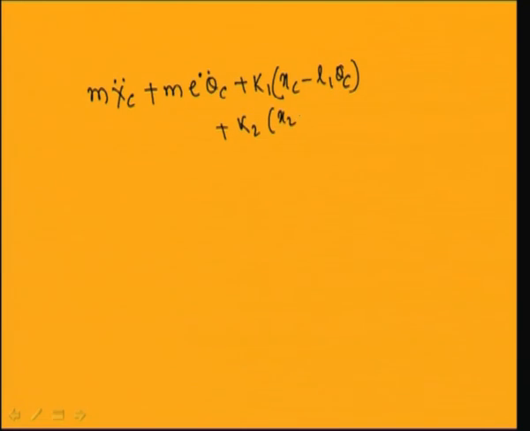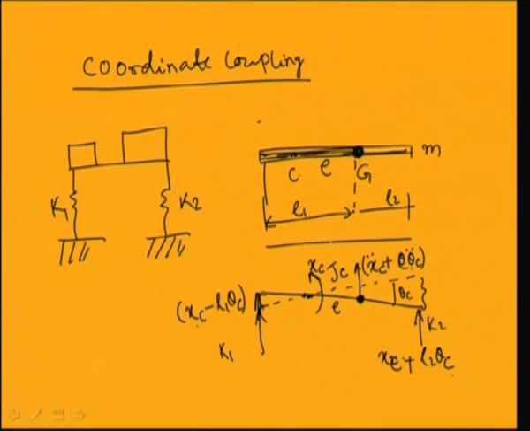So by doing the force balance, I can write m into x c double dot plus m e theta c double dot plus k1 into x c minus L1 theta c plus k2 into x c plus L2 theta c equal to 0, and taking the moment about this point C.